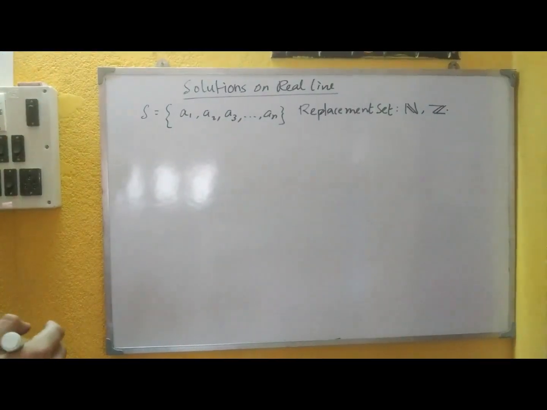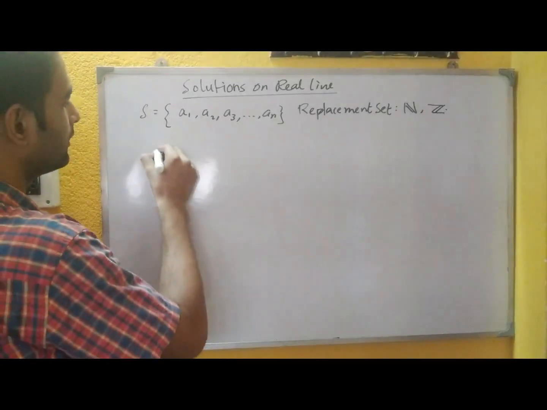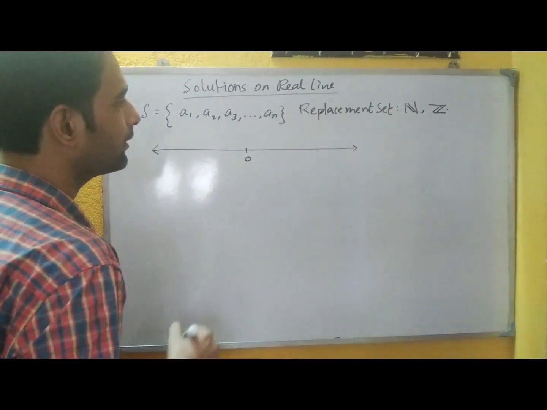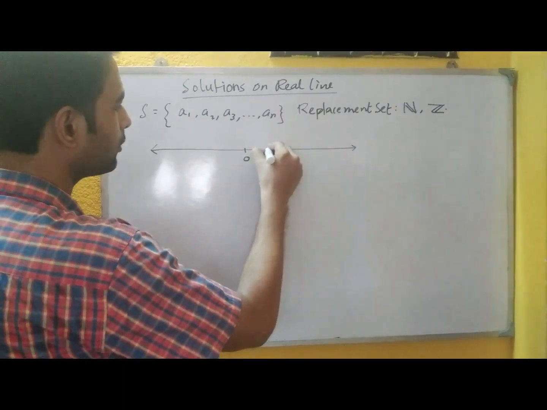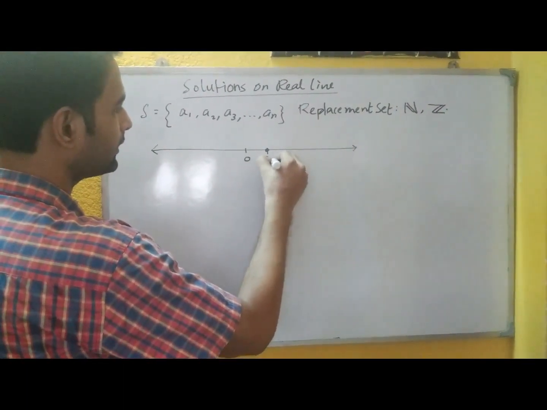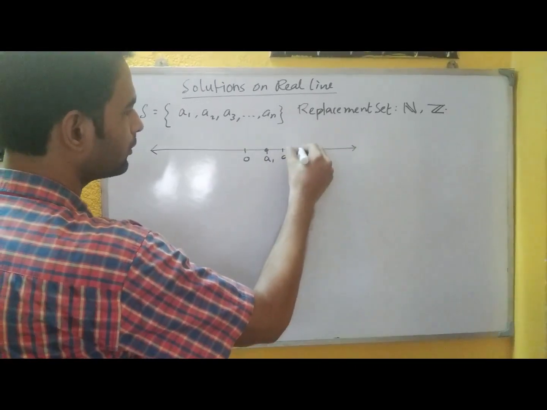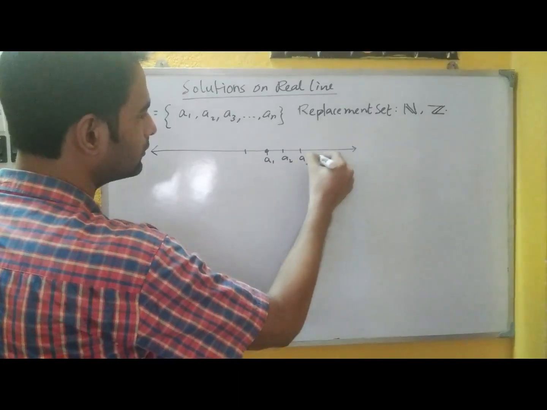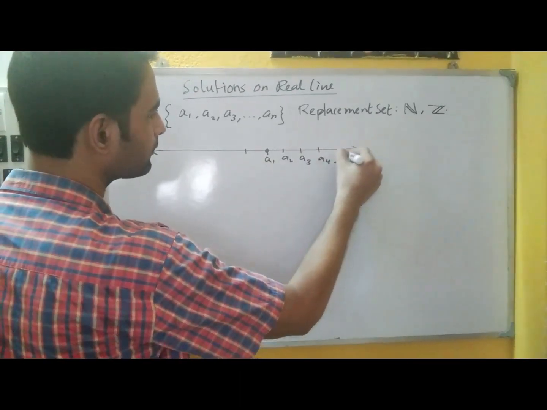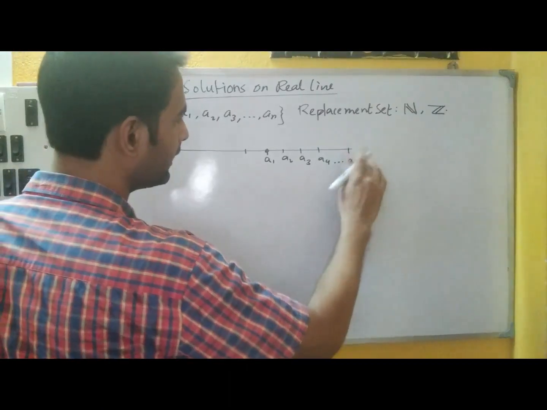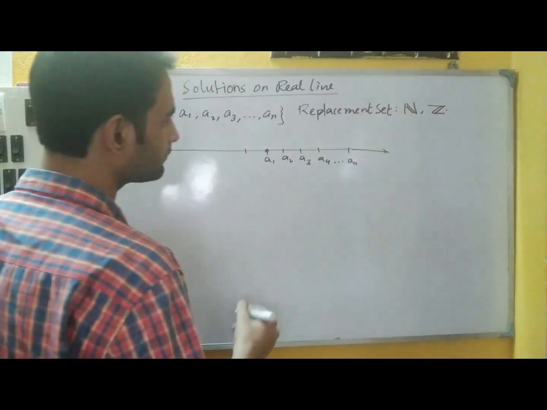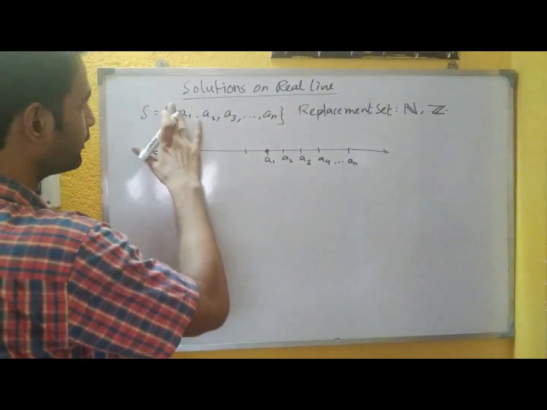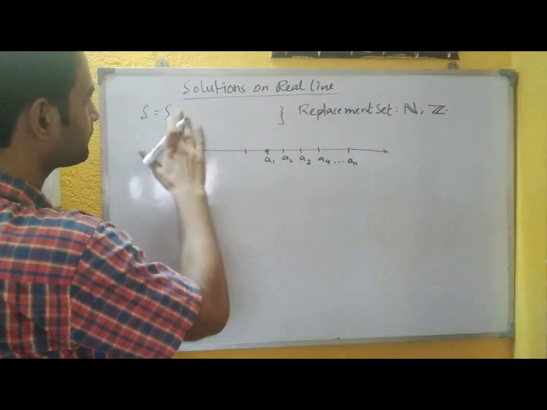If these are your replacement sets, then we have to express the solution on the real line by putting dots on the points. Say here it is A1, here it is A2, here it is A3, here A4 and so on. At some point it is AN.